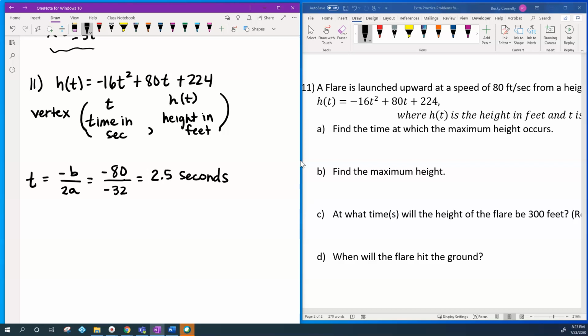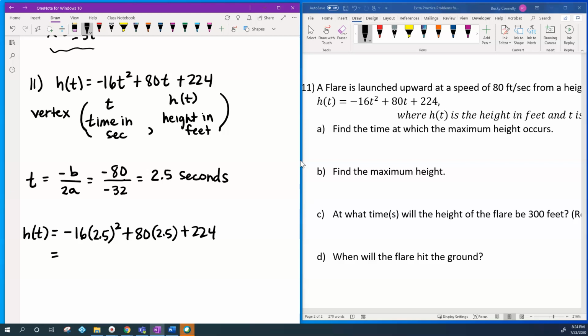Okay, and then let's go and find that h of t. To do that, I just need to plug 2.5 in everywhere I see a t in my formula. So negative 16 times 2.5 squared plus 80 times 2.5 plus 224. And I know some of you can just put all of that into your calculator. I'll give you a minute.